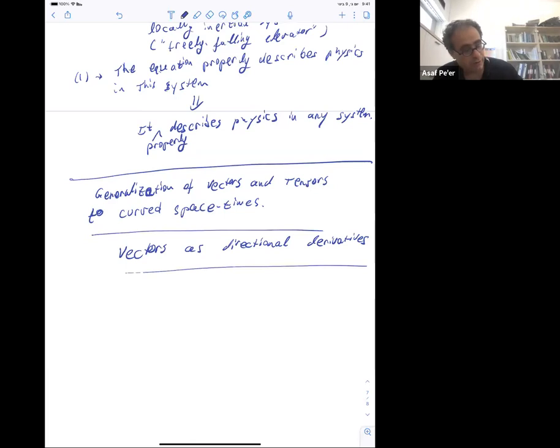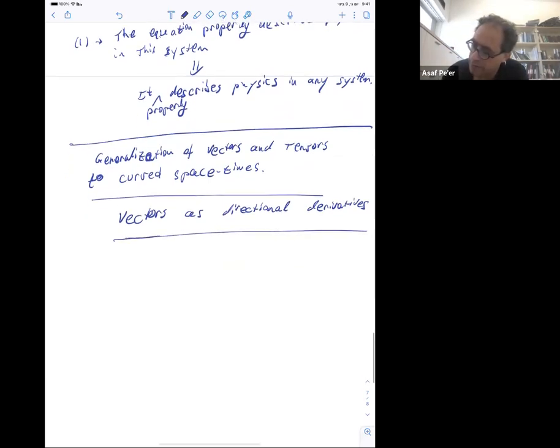So what we're going to do now is retrieve the notion of direction. We do need this direction for vectors. Let me emphasize the problem.